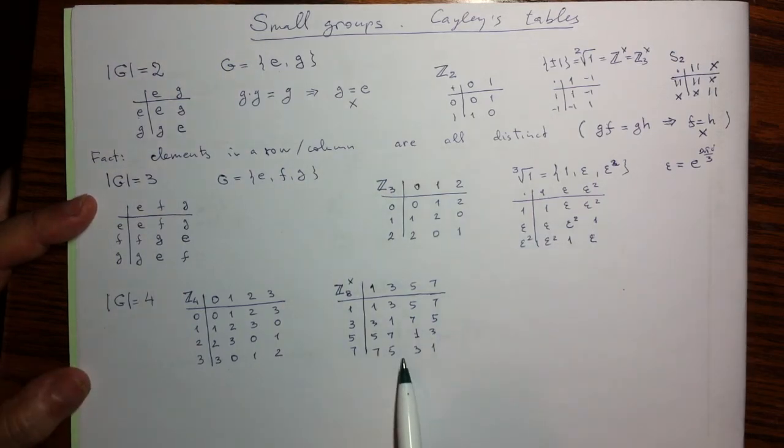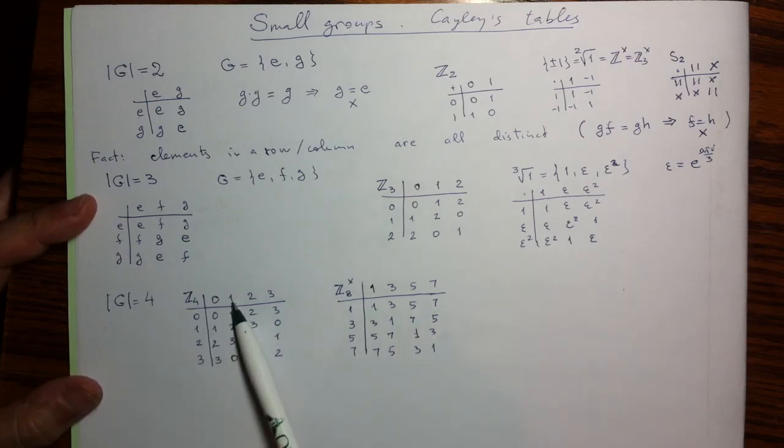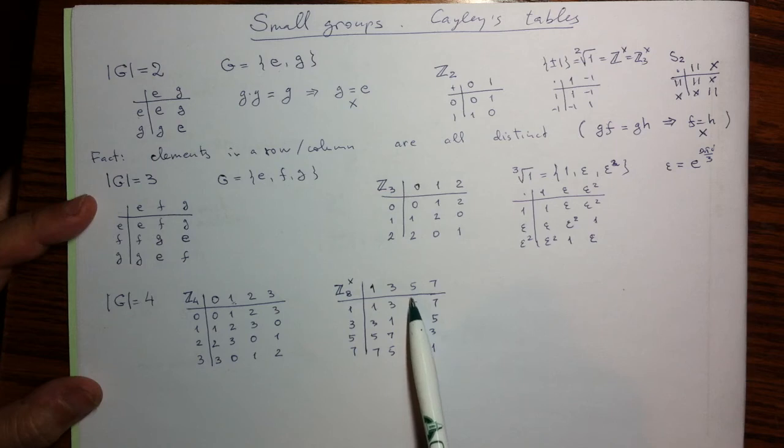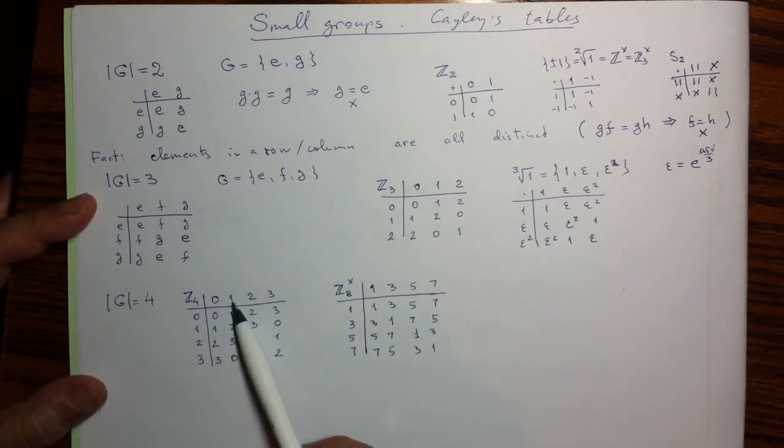So you see that this is a fundamentally different table to that one, simply because here we have an element of order 4. We have to add 1 to itself 4 times to get 0. 0 is the identity element.